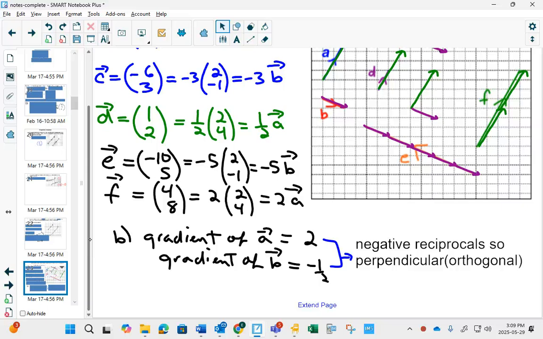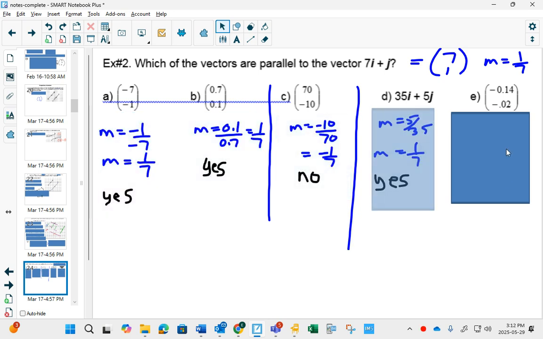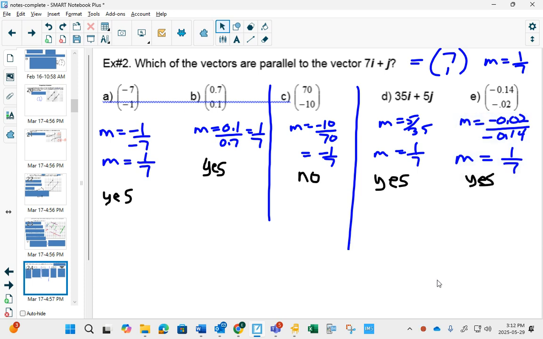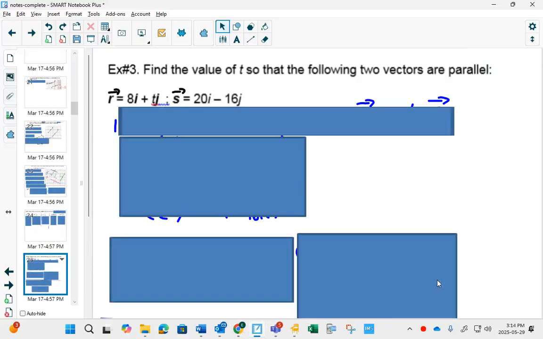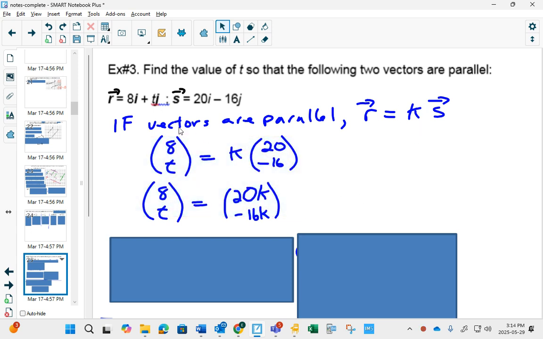So I want you to try example 2. Which ones of those are parallel? And then example 3 and 4 as well. All right, you can check the answers on these. I used slopes. If you want these to be parallel, then there's going to exist some number k that one is a multiple of the other.